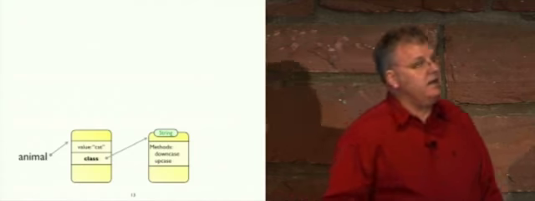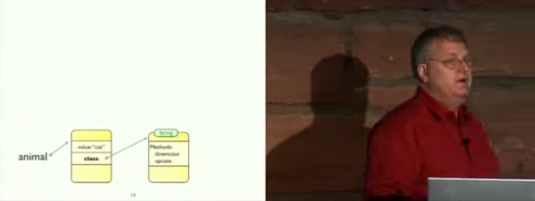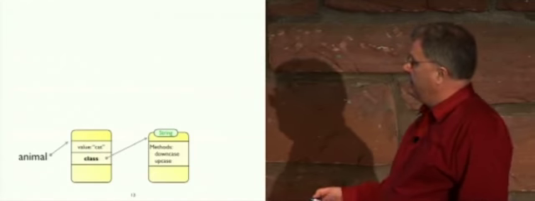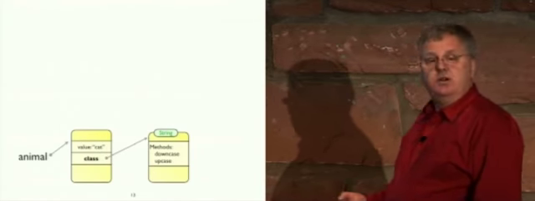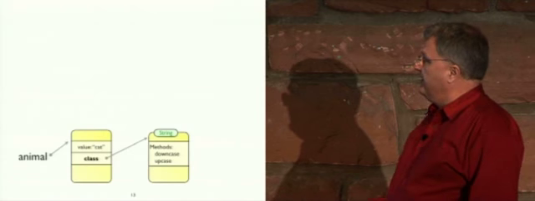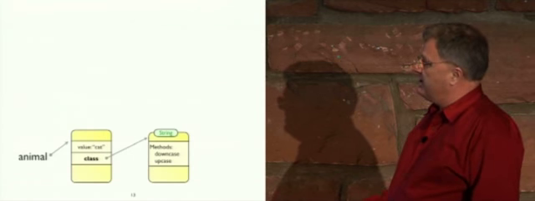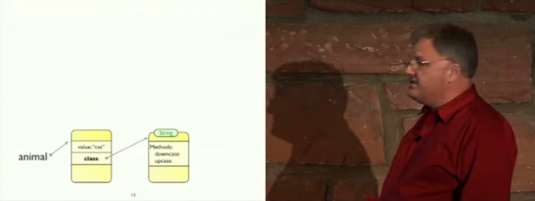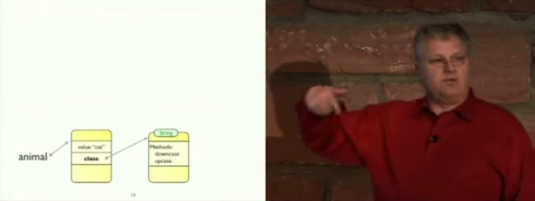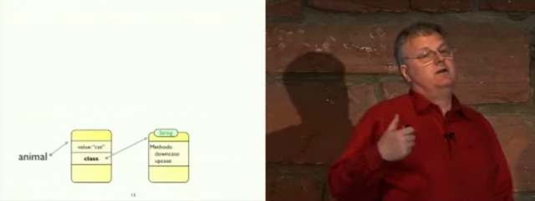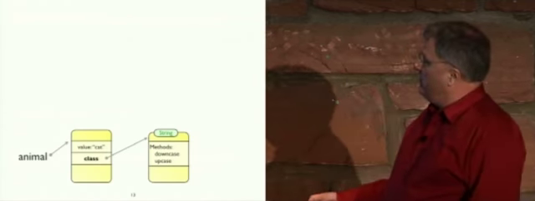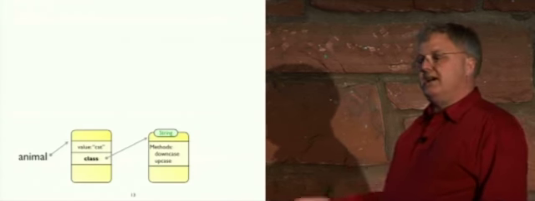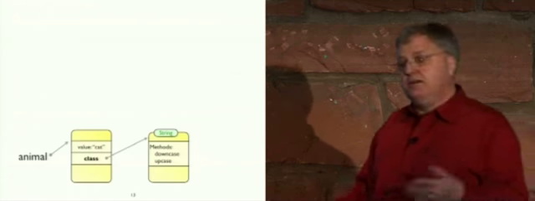But fundamentally, all a class is in Ruby is an object that contains a table of methods. It's an object just like my animal object is, and in the same way the animal object holds the characters CAT, the string class object holds the methods upcase, downcase, trim, whatever it might be. So when I talk about a table of methods, I'm simply talking about an object that contains, as part of its state, a list of methods.